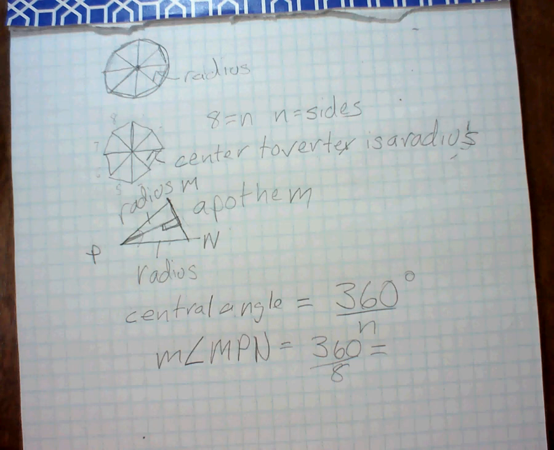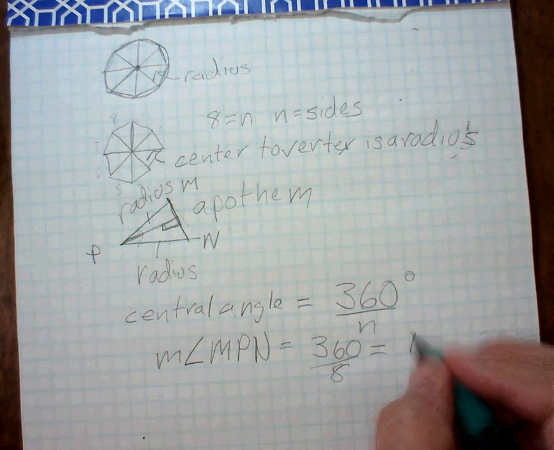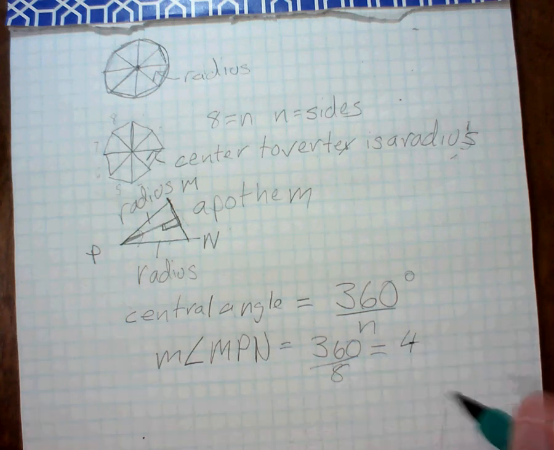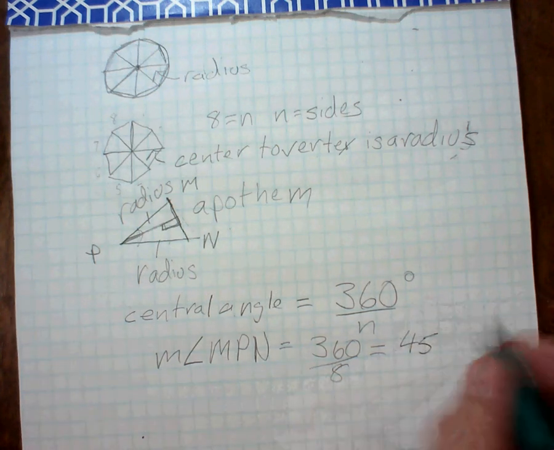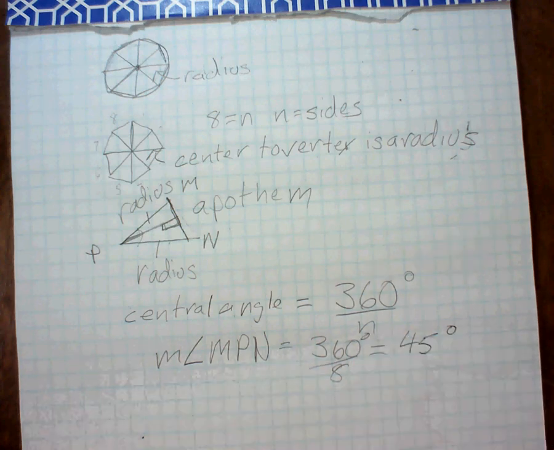And if you give me a second with the calculator, I will tell you what that is. 360 divided by 8, that's 45 degrees. Okay, so this central angle is 45 degrees.